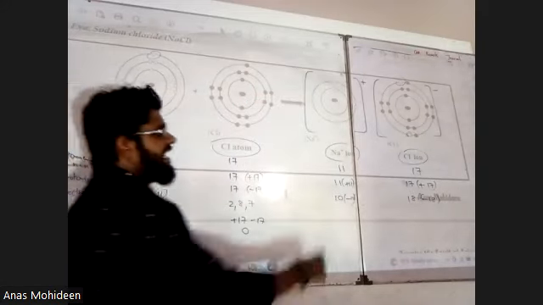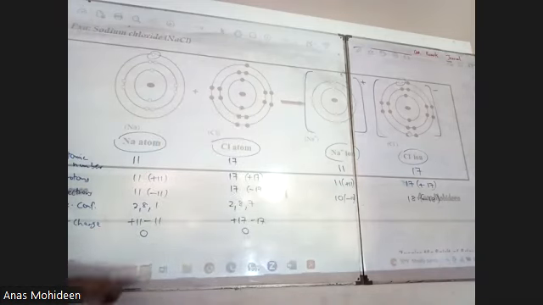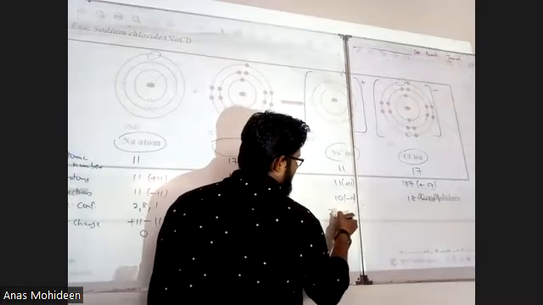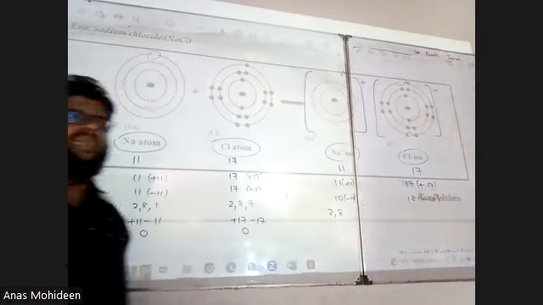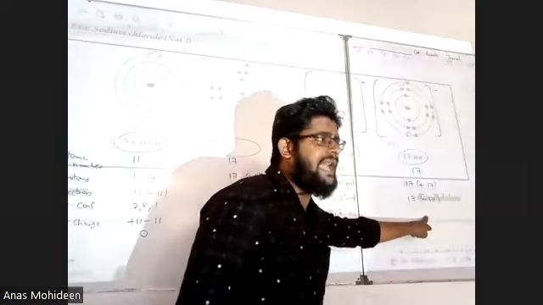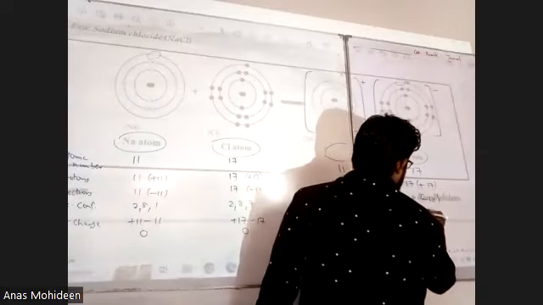Now tell me what is the electronic configuration here? Earlier it was 2, 8, 1, right? That is for 11 electrons. Now only 10 electrons are there. What is the electronic configuration? 2, 8. And here earlier it was 2, 8, 7, right? Now 18 electrons are there.